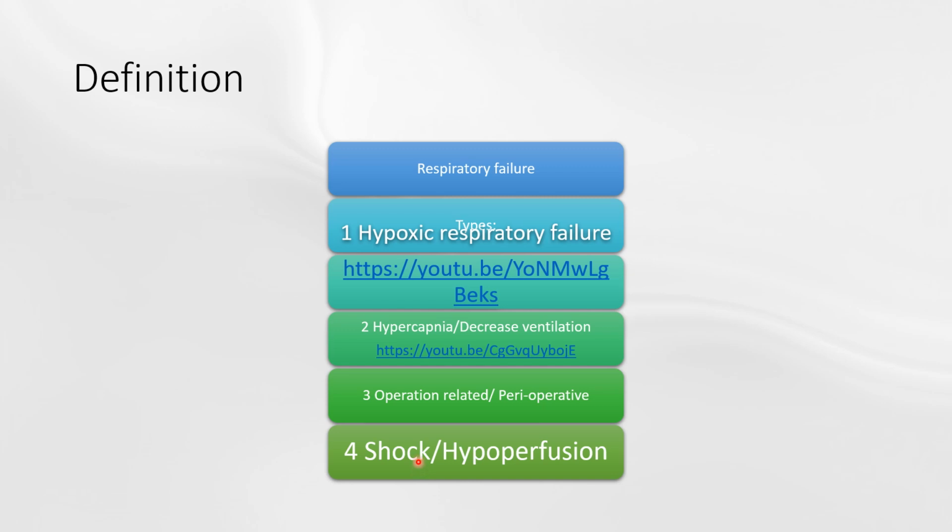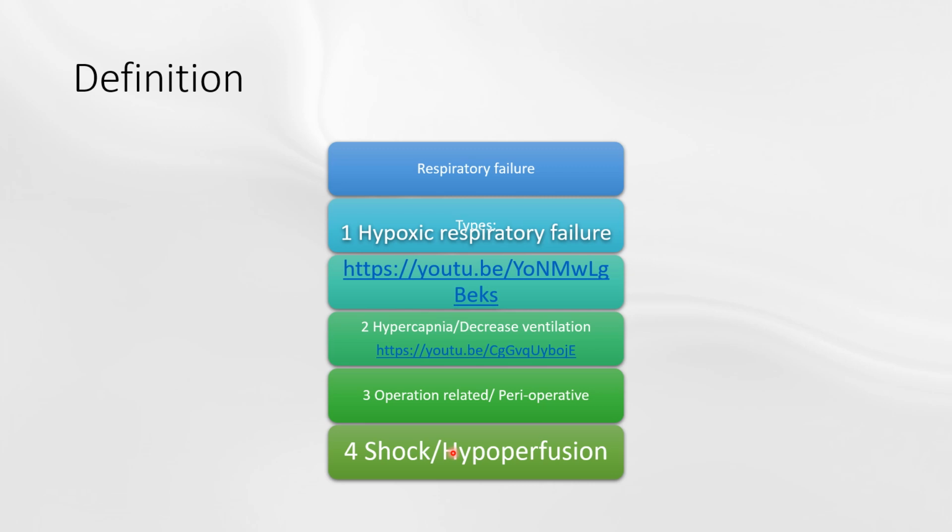Finally, type 4 respiratory failure is about shock, leading to hypoperfusion. Shock as a result of septic shock, cardiogenic shock, hypovolemic shock, shock of any reason that has gone bad to the point of affecting all organs, also known as decreased organ perfusion or major organ failure.